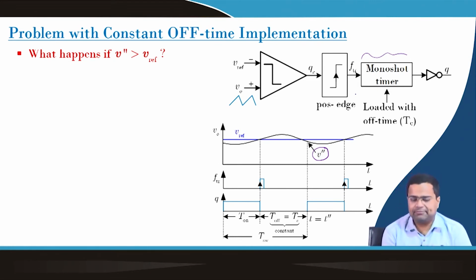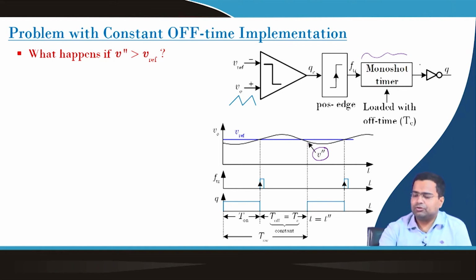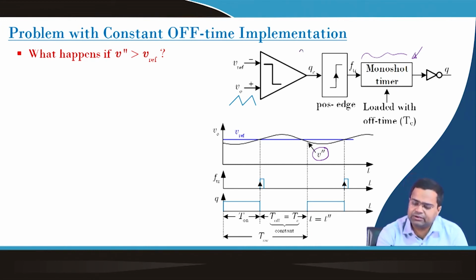Now, what will happen if, after the switch turns off, the timer completes its timing, but after that we find that the output voltage is above the reference voltage? That means QC will remain high. If QC remains high, no edge is detected.